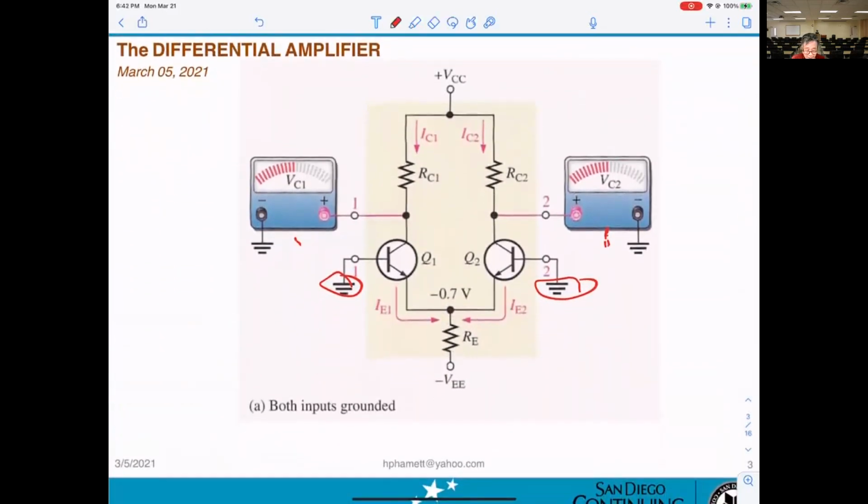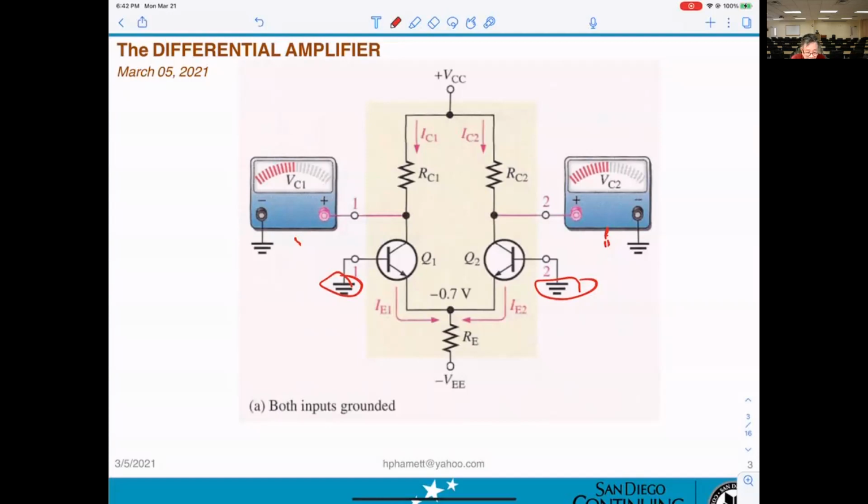Okay, now see what happened. On this differential amplifier circuit, they connect the base of Q1 to ground and the base of Q2 to ground. Okay, that means both inputs are grounded.